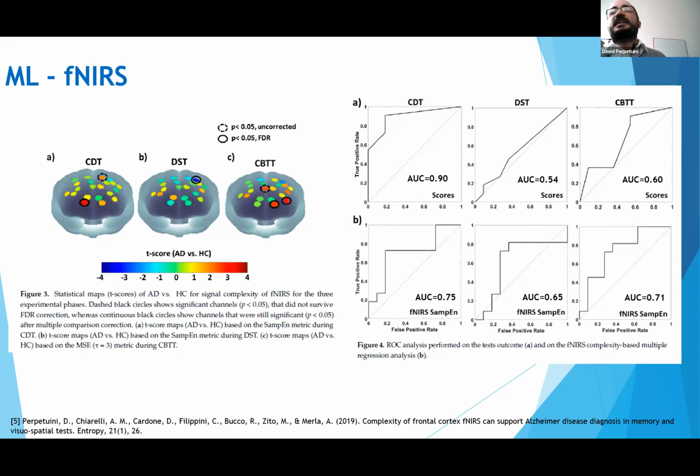We also see that the fNIRS sample entropy delivers an area under the curve of 0.665 for the clock drawing test, which is lower with respect to the scores, but for the other tests, we can see that there is an improvement in the detection of Alzheimer's disease, employing also the neuroimaging tool.